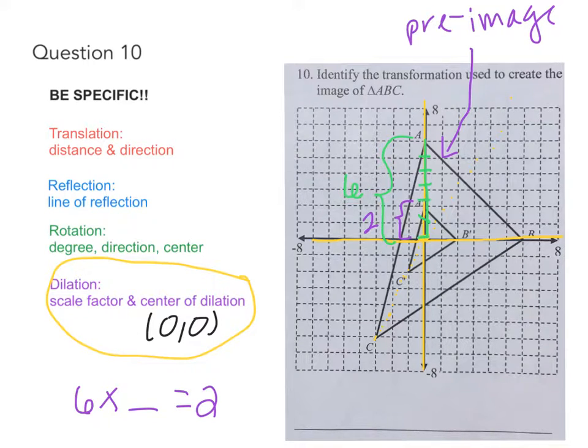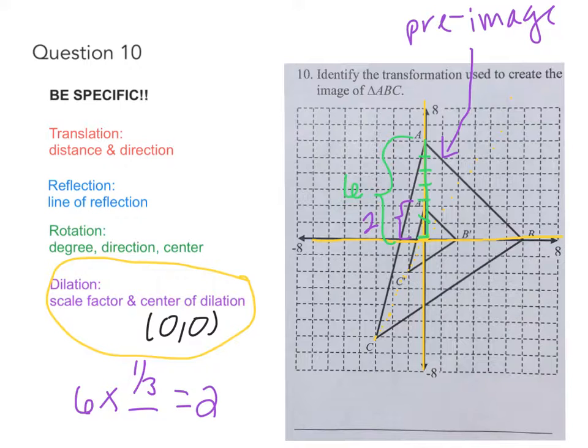Well, I know that 2 times 3 is 6. So if my small triangle was my original, my scale factor would be 3. So I can just take the reciprocal of that, which is 1/3, and recognize that my new image is 1/3 the size of the original pre-image.